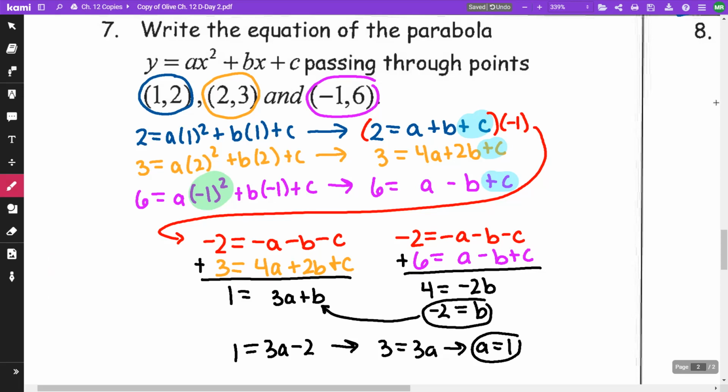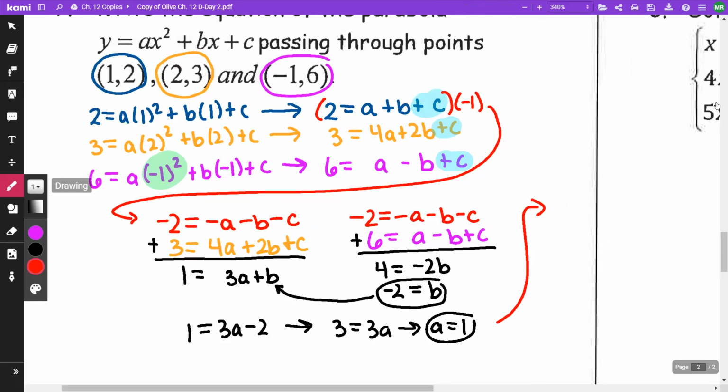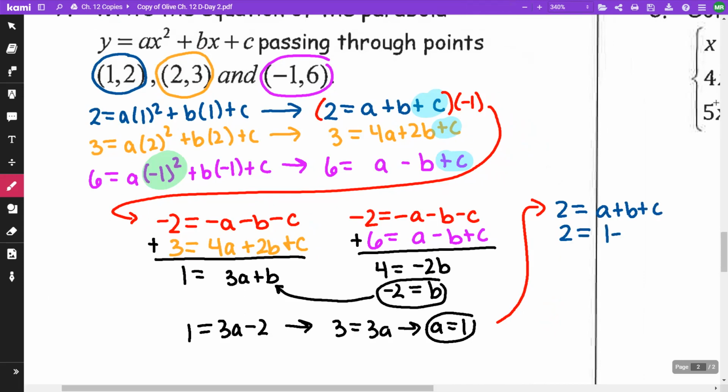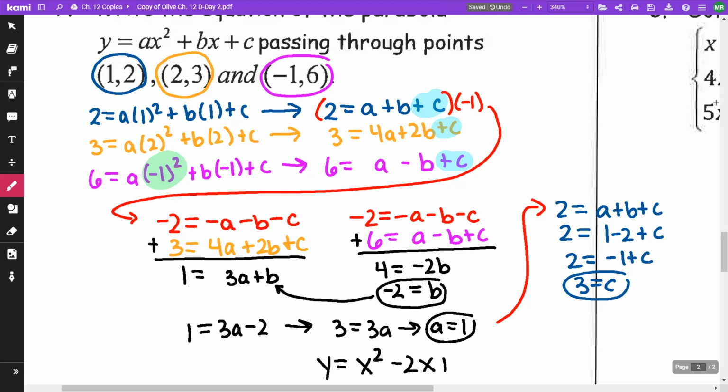I think I'm going to go into the original first equation, which was 2 is equal to a plus b plus c. So 2 is equal to 1 minus 2 plus c, so 2 is equal to negative 1 plus c. I add 1, and I get 3 is equal to c. So my equation is y is equal to 1x squared, which is just x squared, minus 2x plus 3. That is our equation.